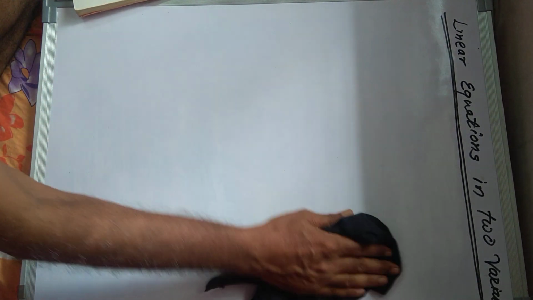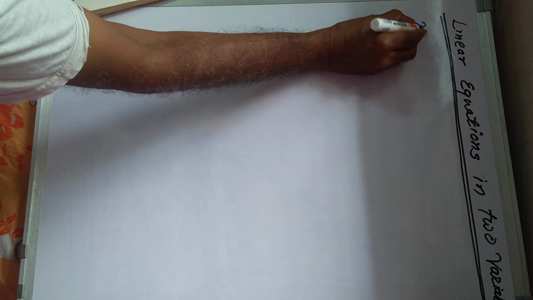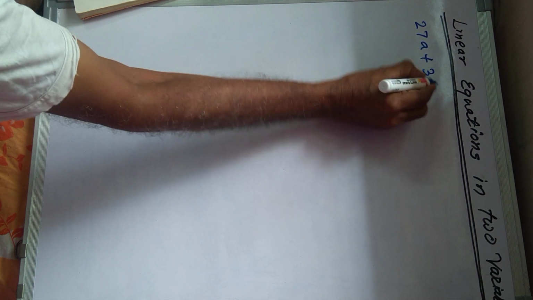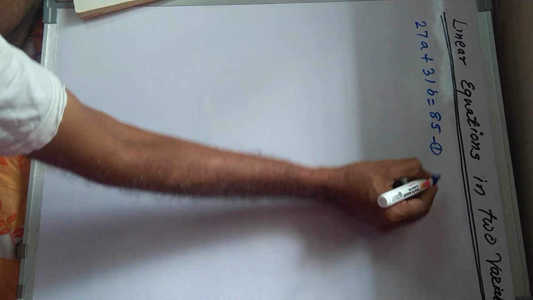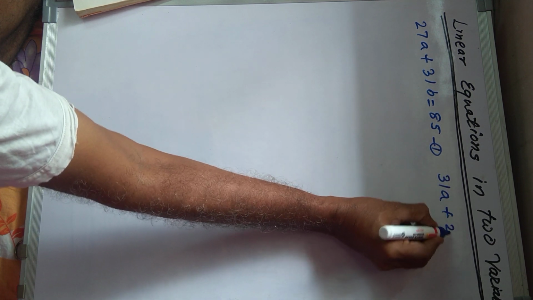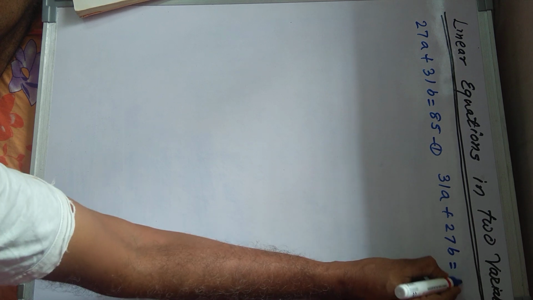In that example, the coefficients of x and y, the variables, are interchanged. Let's take another example. We have to solve that example. The example is 27a plus 31b is equal to 85. That is equation number 1. The other is 31a plus 27b is equal to 89.